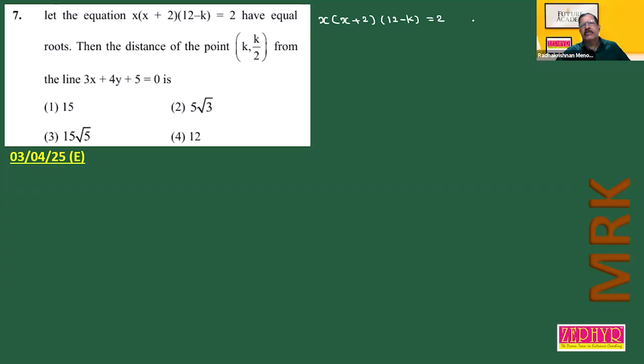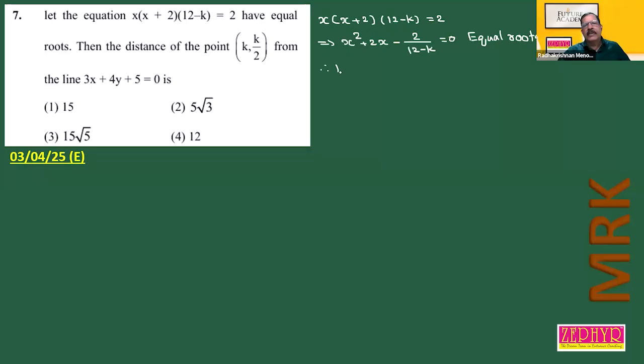Write it in the standard form, which implies x square plus 2x, then minus 2 by 12 minus k, that is the constant term, equal to 0. It is given that the quadratic equation has got equal roots. Implies discriminant equal to 0.